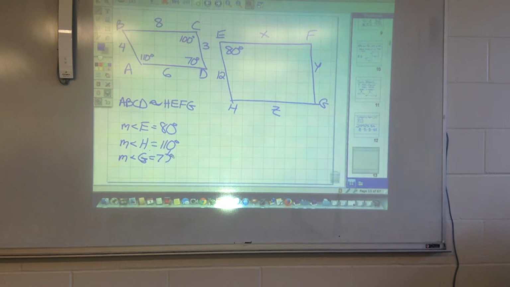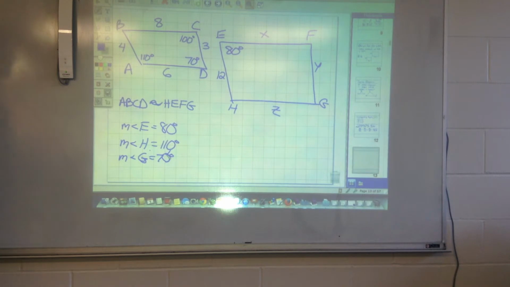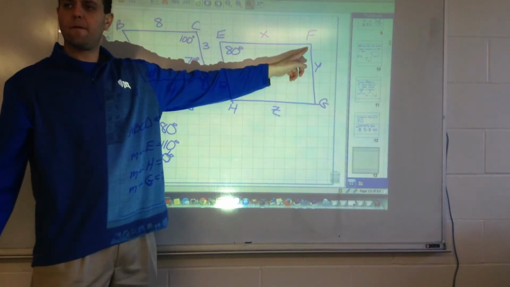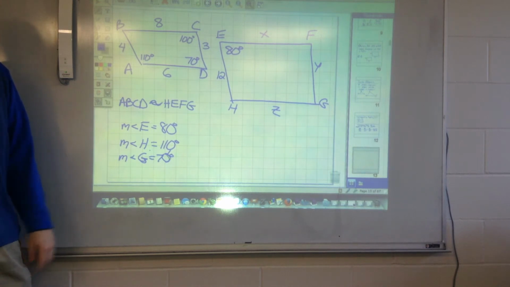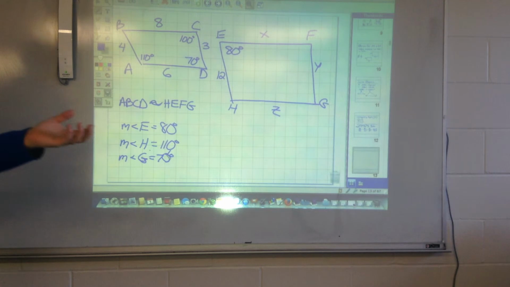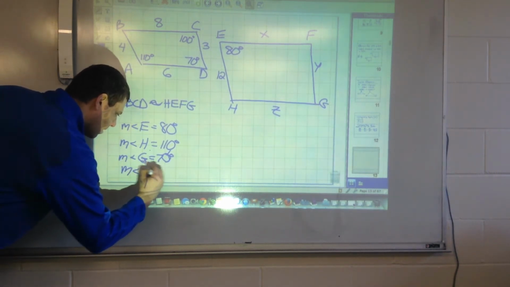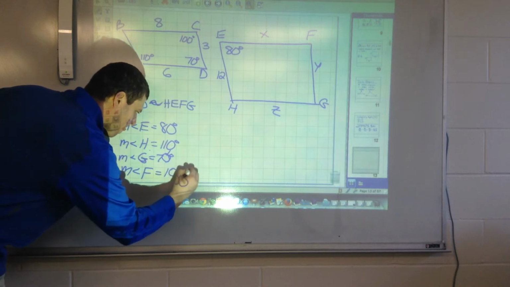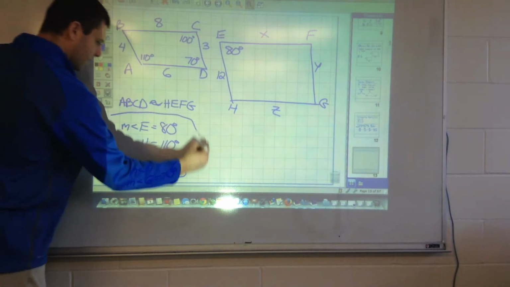Yep. F's right here. It corresponds to which angle in this one? C. And we know that corresponding angles are equal, so therefore F has to be 100. Yep. Alright, angles simple enough? Alright. So we got all our angles right here.